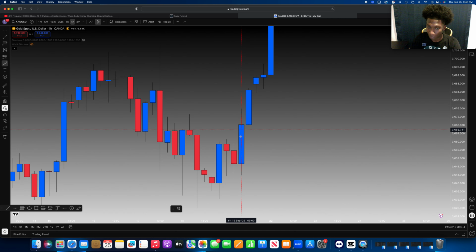The body is the blue. The body is where price filled out. But then at the bottom and the top, candles also have things called wicks. And all the wicks tell you within all candlesticks is that that's where price previously was.